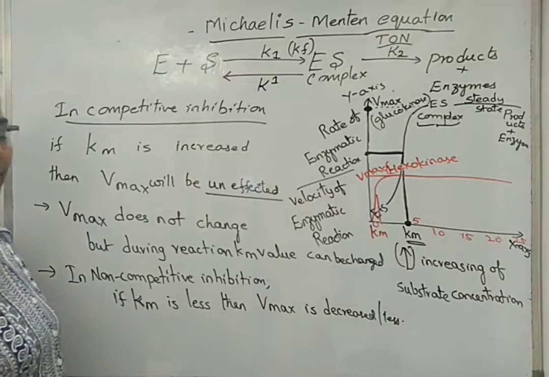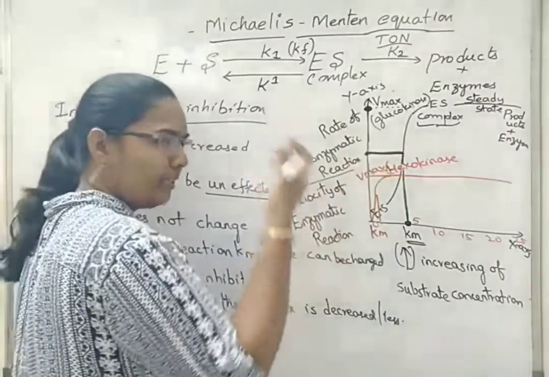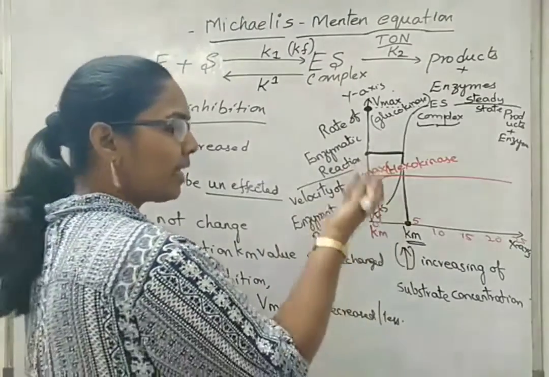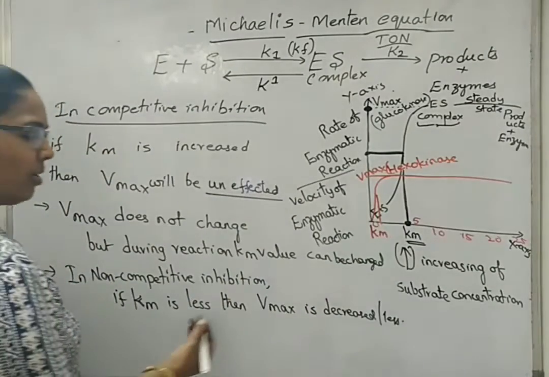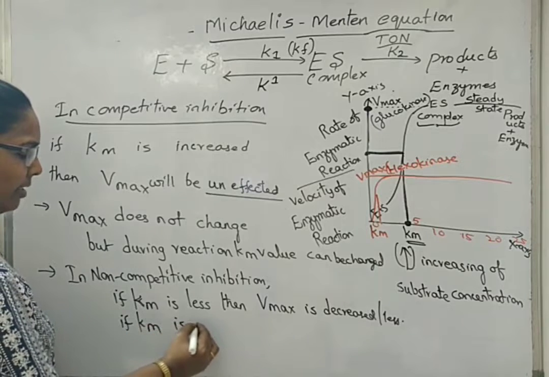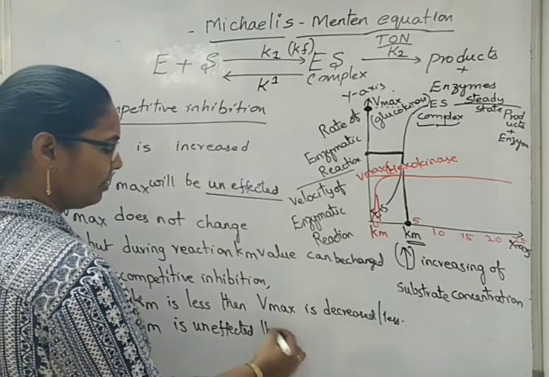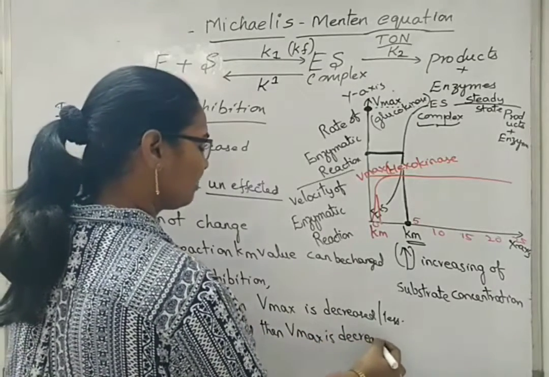Again, the same non-competitive inhibition. If Km value is unaffected, then what about Vmax? If Km value is affected or decreased or whatever may happen to Km, there are no available active sites. So again, the maximum velocity will be less or decreased. If Km is unaffected, then Vmax is decreased or less.